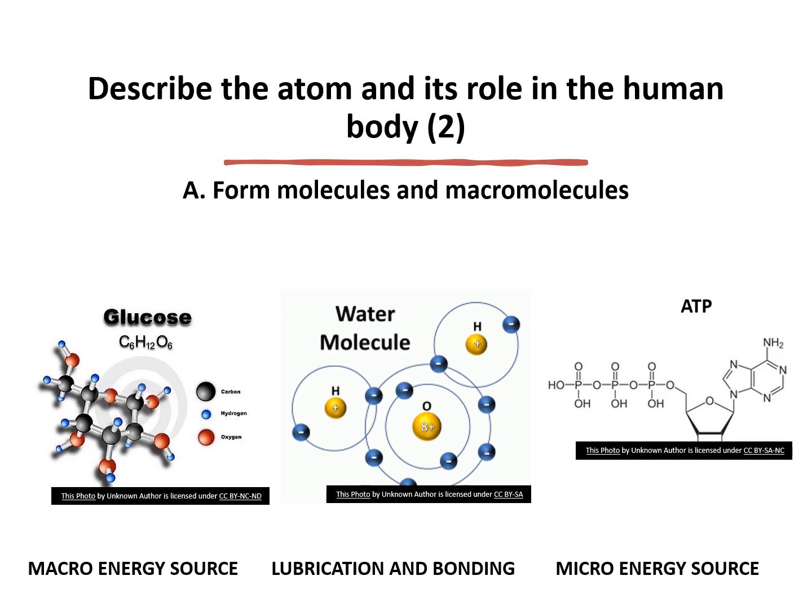Another job of molecules and macromolecules is lubrication and bonding. Water, because it is a polar substance, has a charge. This side has one charge, this side has another charge based on unequal sharing of electrons by covalent bonds. It enables this hydrogen to attach to other molecules, and it enables the oxygen to attach to other molecules.